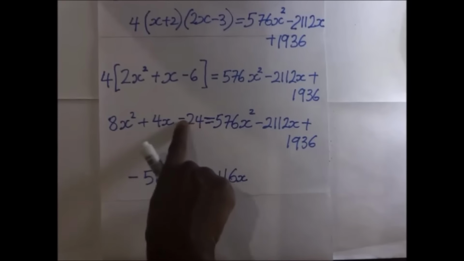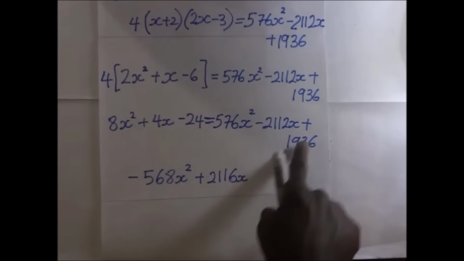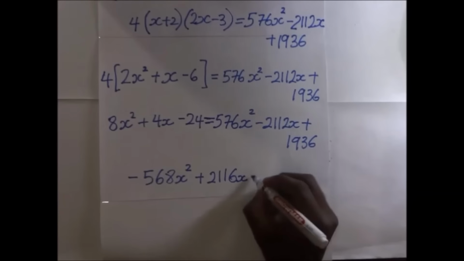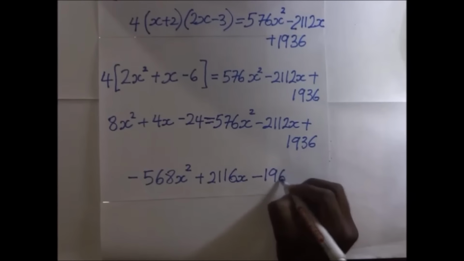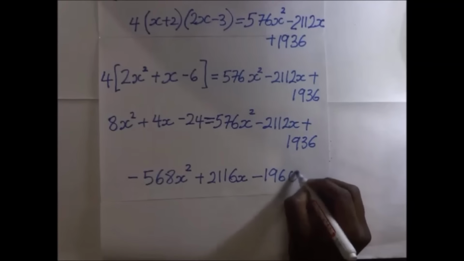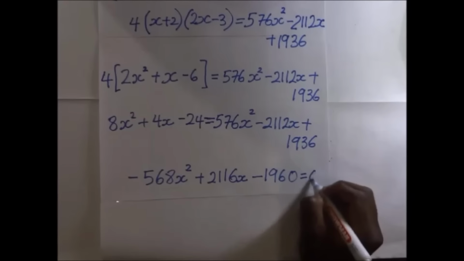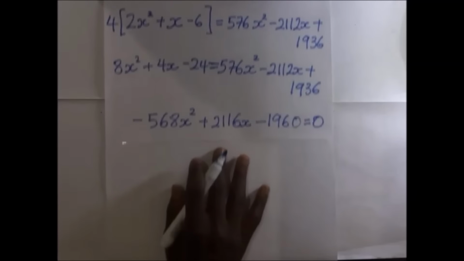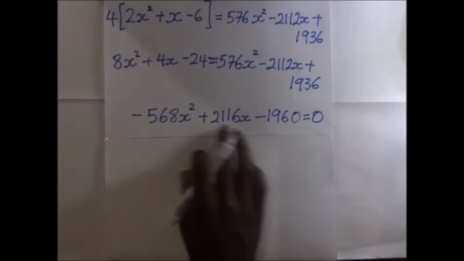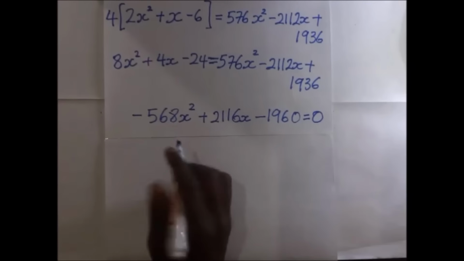Then negative 24 minus 1936, because we are putting it this side, is going to give us minus 1960, and that is going to be equal to 0. So this is a quadratic equation that we have formulated. So we solve for that quadratic equation, we get the values of x.